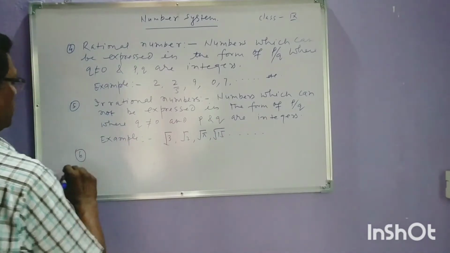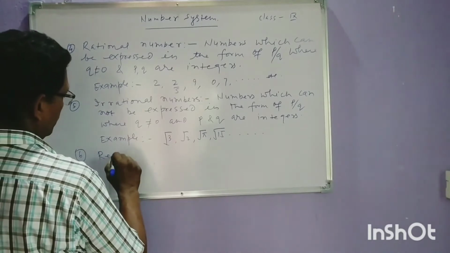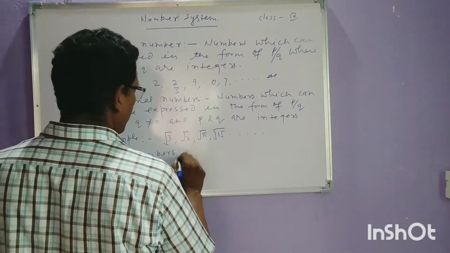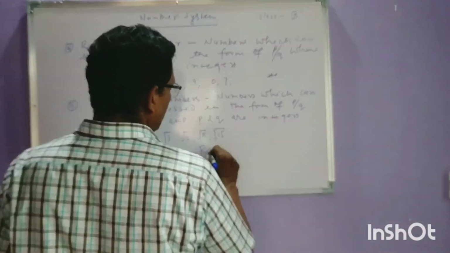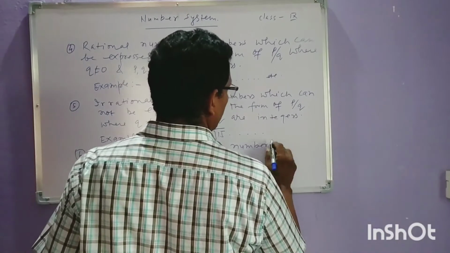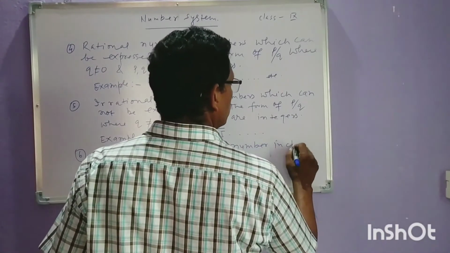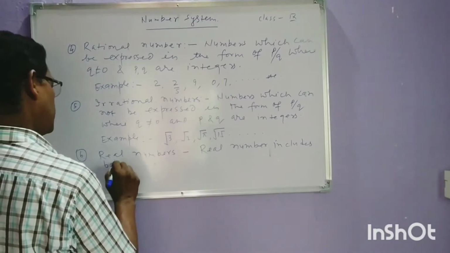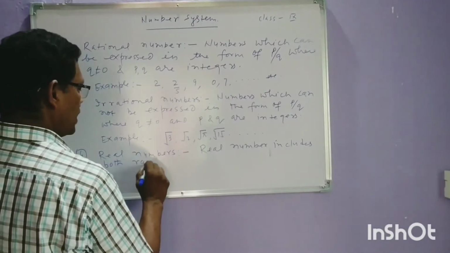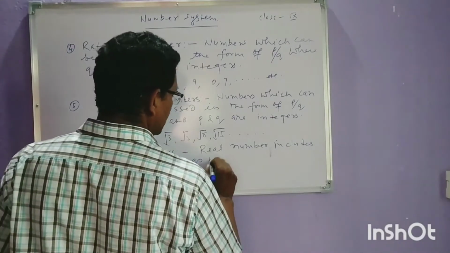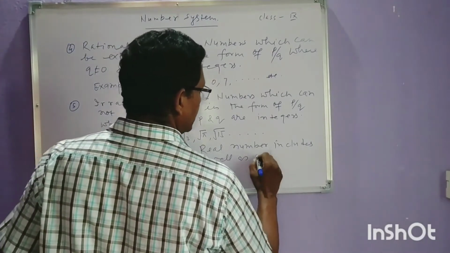Then real number. Real number includes both rational as well as irrational number.